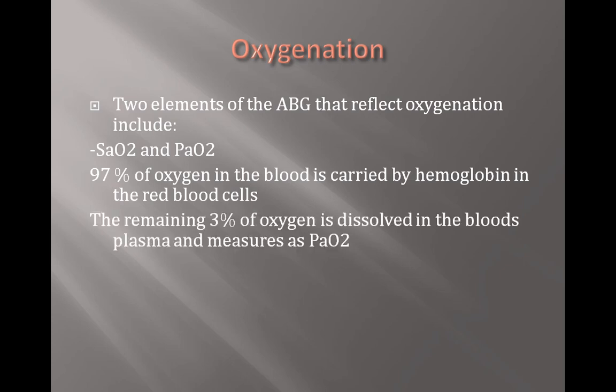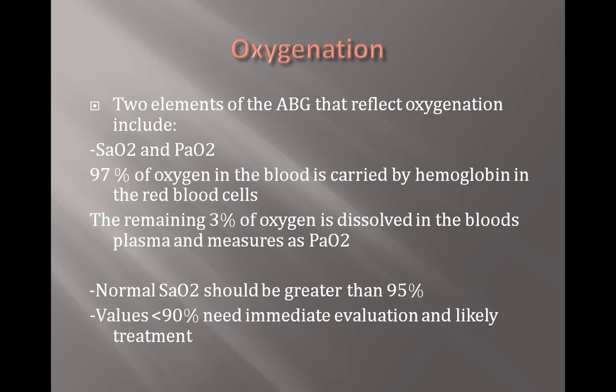3% of the remaining oxygen is dissolved in the plasma and is measured as the partial pressure of oxygen, or PaO2. Normal values, as we already determined, without consideration for disease states, is greater than 95%. Of course, we all know this, and we feel a sense of reassurance when our patient's bedside sat records over 95%.